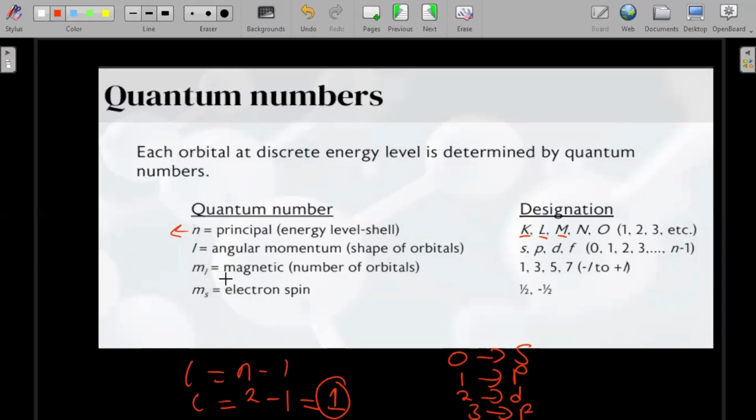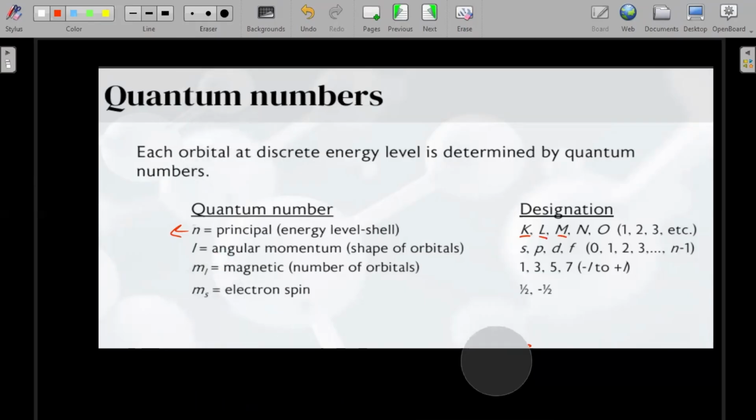We can also have what we call the magnetic quantum number. The magnetic quantum number simply tells us the orientation of these orbitals.